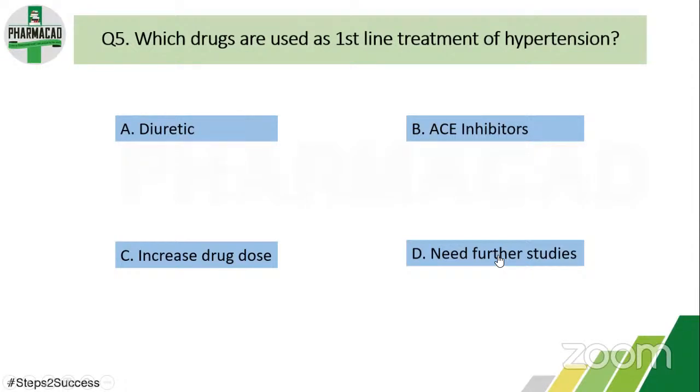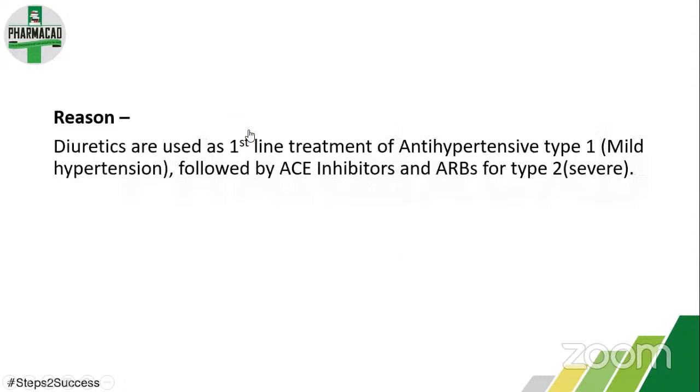So the first line treatment given for a hypertension patient is diuretics. In case of mild hypertension, the first line drugs given are diuretics, which can be in combination with other beta blockers like metoprolol. When the hypertension is a little more severe, this treatment is followed by other classes of drugs, that is ACE inhibitors and ARBs.